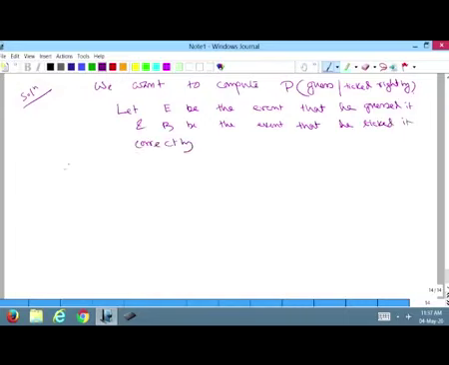Therefore, we want to compute probability of E given B, which is the same as probability of B given E into probability of E divided by probability of B.